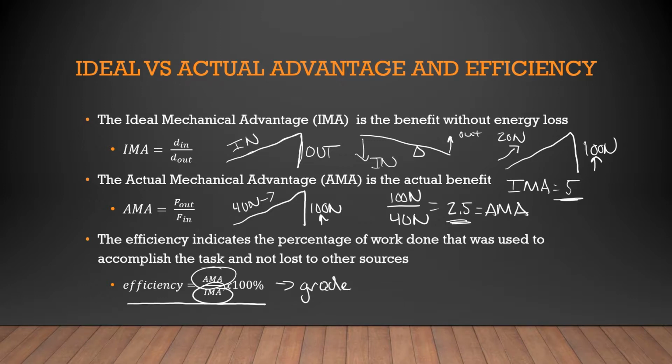So 2.5 was what we really got. We're hoping to get 5. So that tells me that my efficiency for this machine is only 50%. And that makes sense because we had to put in twice the amount of force that we were hoping to put in. So that tells you that 20 newtons worth of force was probably going to just overcome friction.